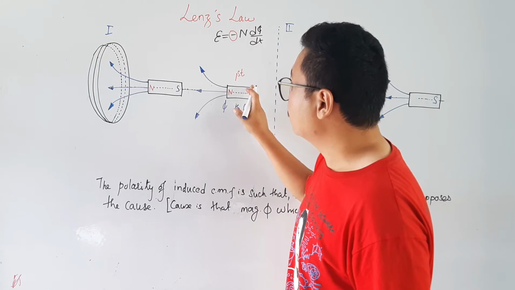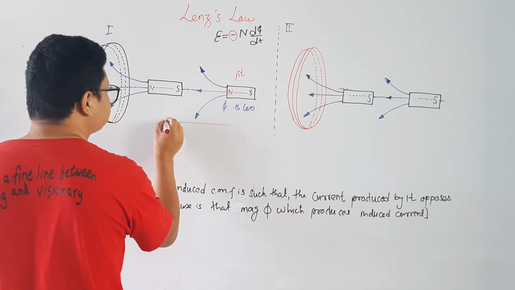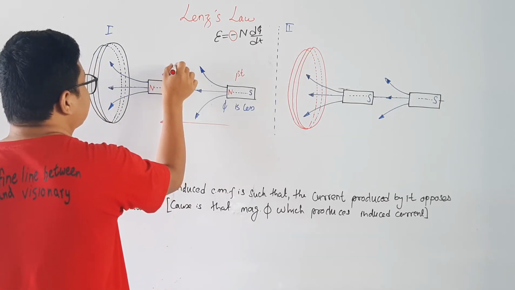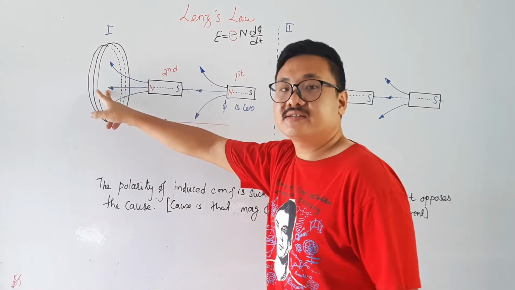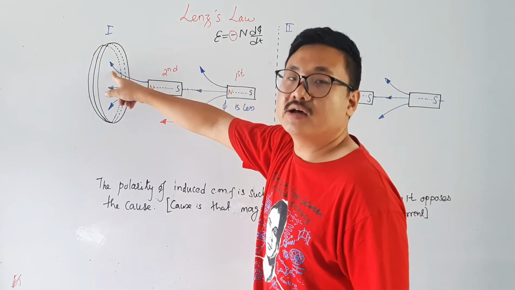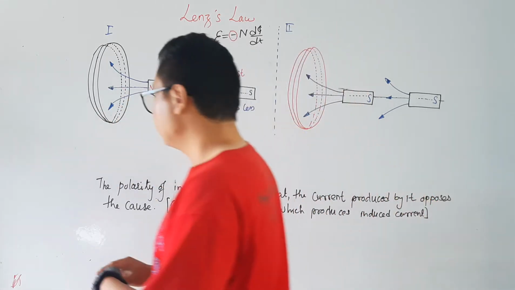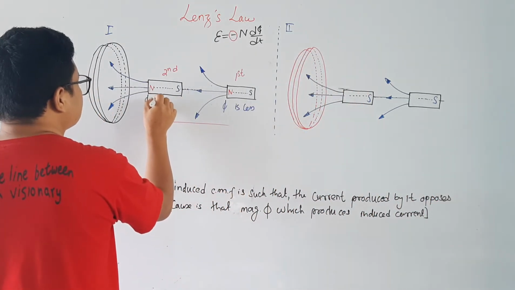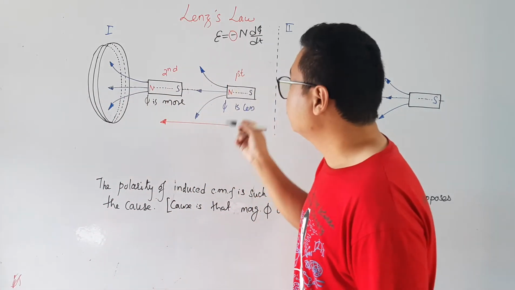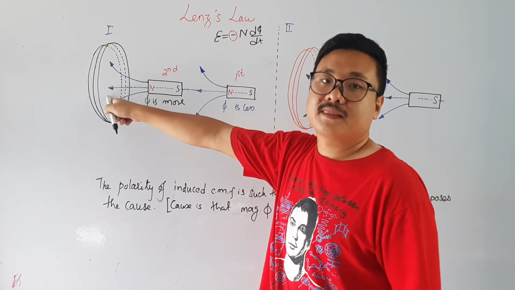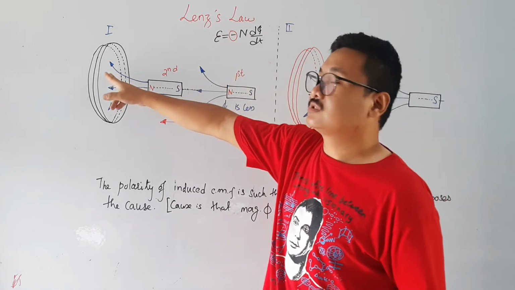Now I move the magnet from this position in this direction, and I reach my second position. Whenever I move towards the coil, many more magnetic field lines are now linked with this coil, so the magnetic flux linked with the coil is more. Before, when it was here, these lines were not passing through the coil, so the flux was less.